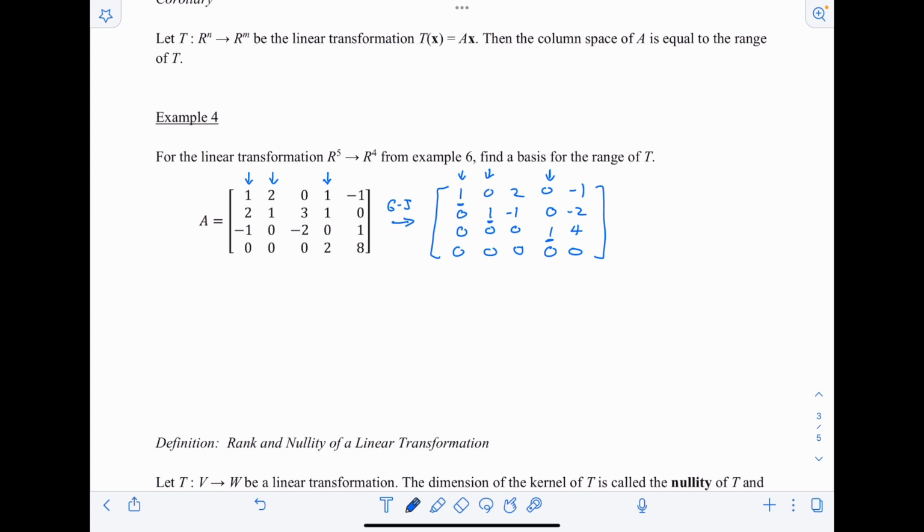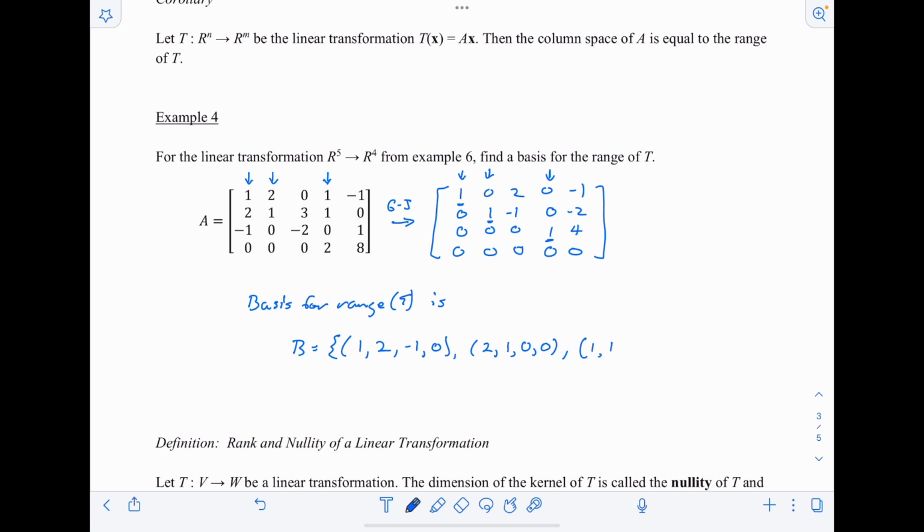So those three columns make up our basis for the range of T. Our basis for the range of T is given by, and I'm going to use B again here, the set 1, 2, negative 1, 0. I almost used the reduced form. Make sure you go back to the original and not the reduced form. The next one is 2, 1, 0, 0. And then 1, 1, 0, 2.